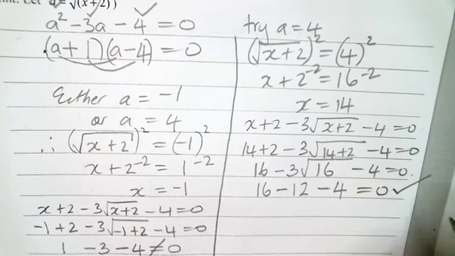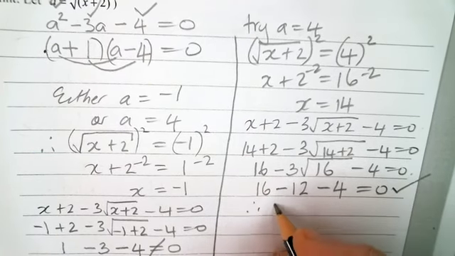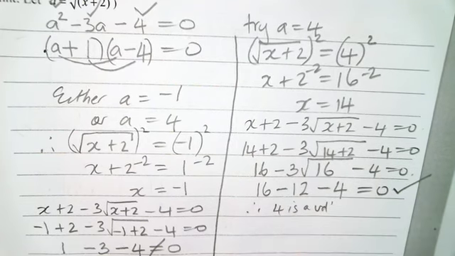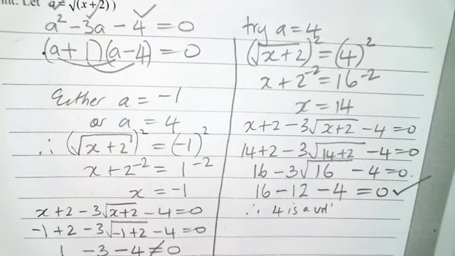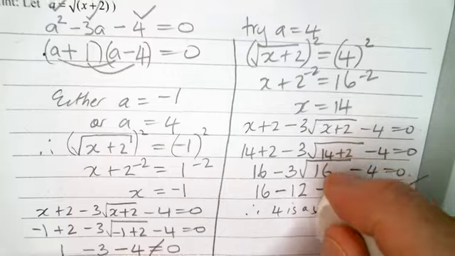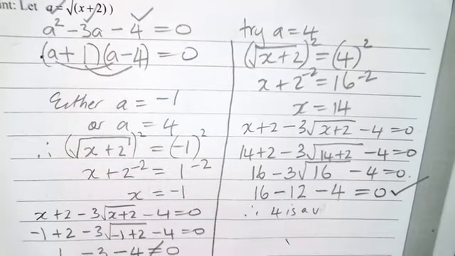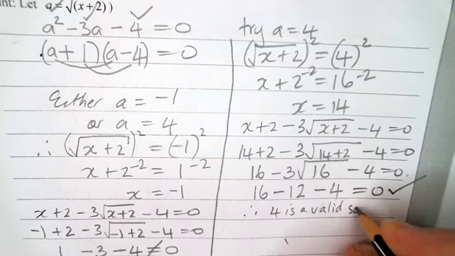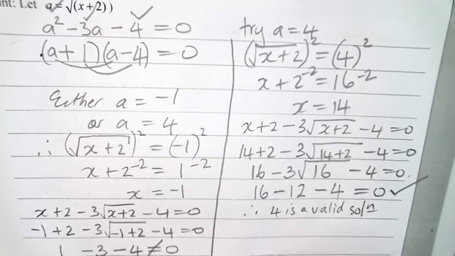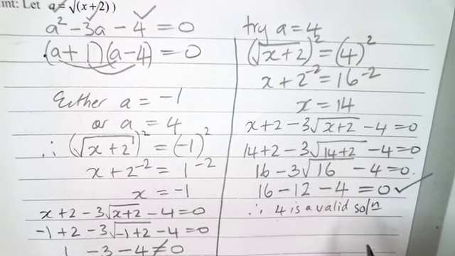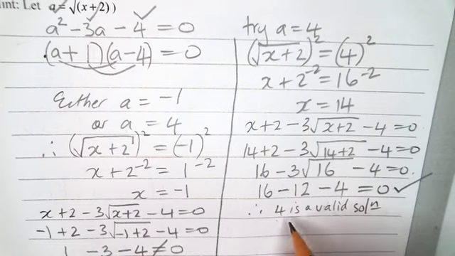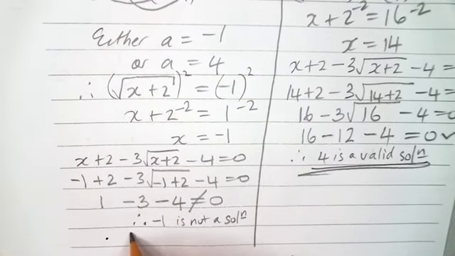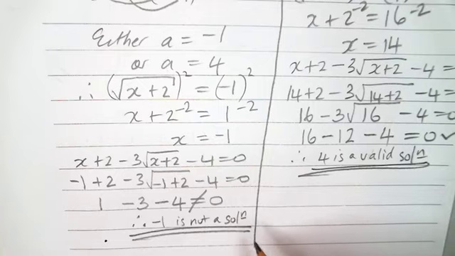Tick, correct. So I put therefore 4 is a valid, I can't even spell valid this morning. Valid, that was meant to say valid. Not going well, I've only just woken up, so valid solution. Okay, so they are my two answers. So I've underlined that one, I'll underline this one, and they would be the two solutions.